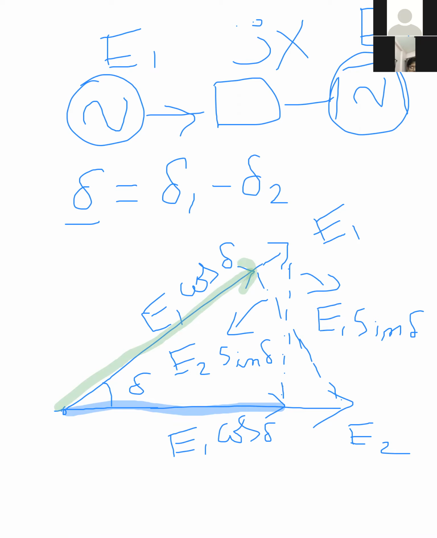This is E2 cos delta, and this is E2 sin delta. So this one is E1 sin delta, and this is E2 sin delta. And E1 we have resolved up here.